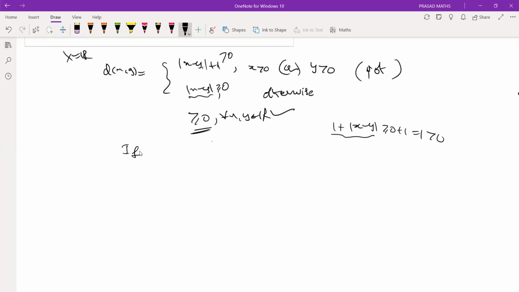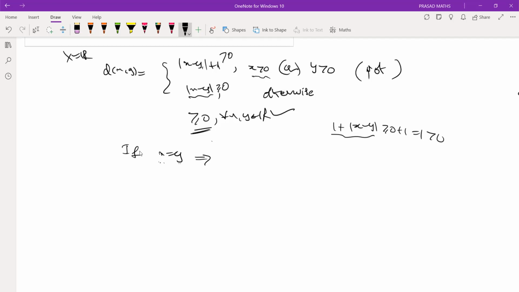Suppose x equals y. I want to show the second result, that d of x comma y is 0. If x equals y, what is the condition you are given? Whatever condition you are given, you need to work with that condition. In all cases the same thing will not work out. So here, x positive or y positive.